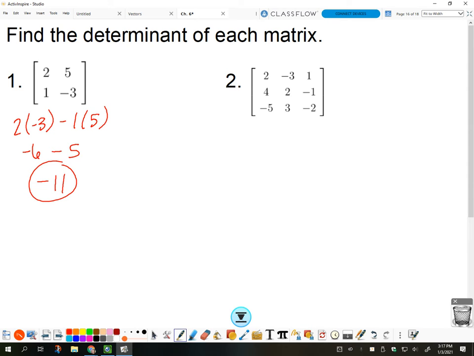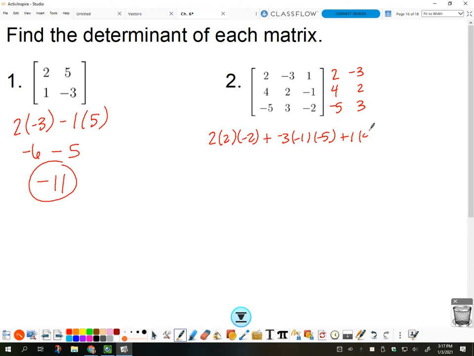All right, so to do the determinant of the 3 by 3, we're going to put a 2, 4, negative 5, and then a negative 3, 2, 3. And we're going to multiply this diagonal. So 2 times 2 times negative 2 plus this diagonal. So negative 3 times negative 1 times negative 5 plus this diagonal.